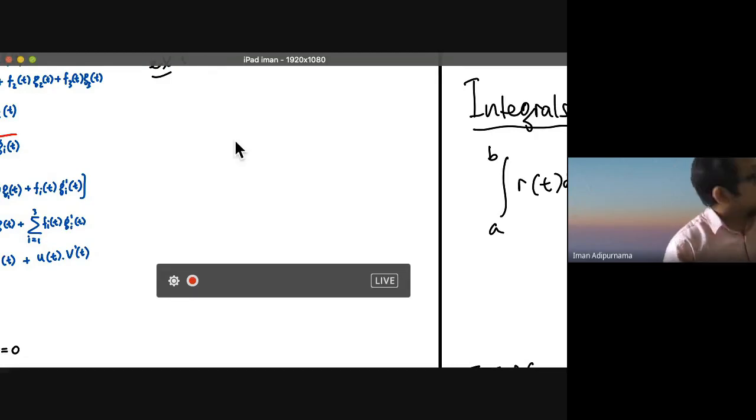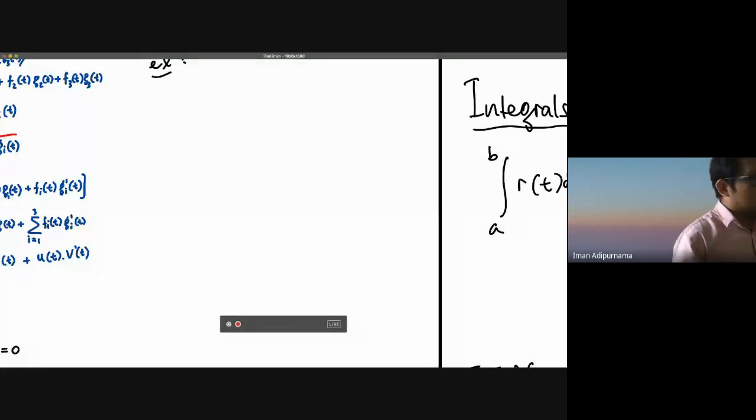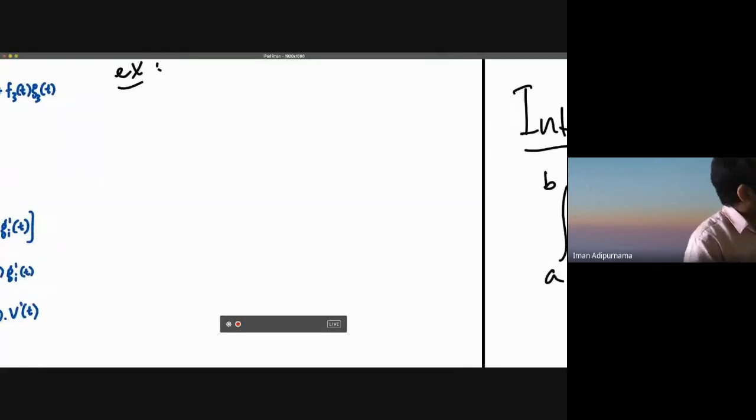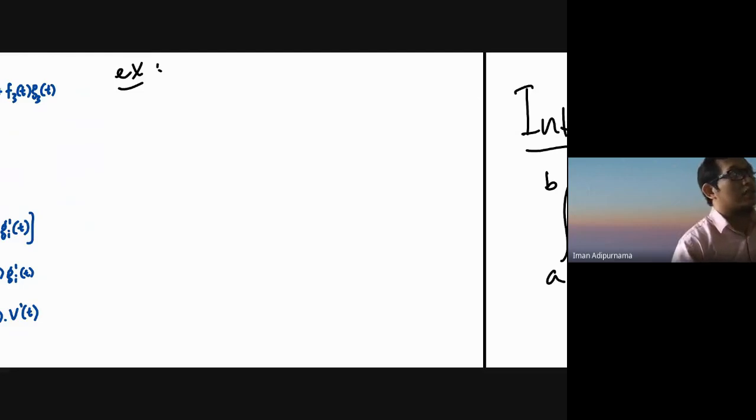Okay, before we continue the subject, maybe I will start by giving you a couple of questions, for example for chapter 13.2, the derivative. I think maybe focus on the derivative first.